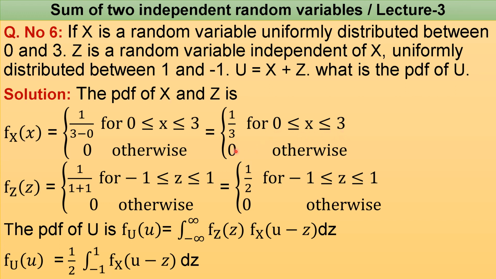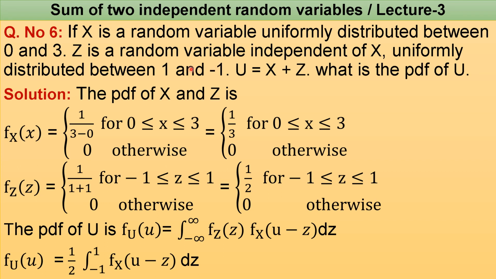It is said that z is a random variable independent of x uniformly distributed between 1 and -1, or -1 and 1. Least value first, then the greatest value, -1 and 1.